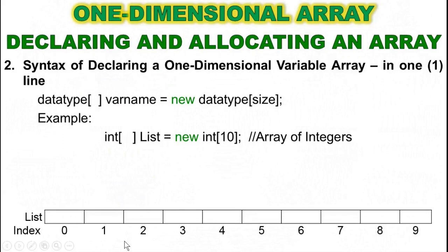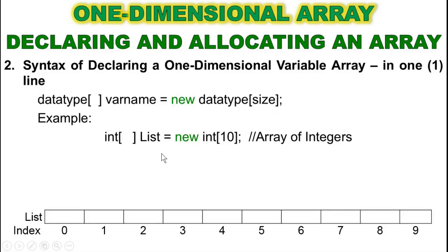Number 2. Syntax of declaring a one-dimensional variable array in one line. We can declare an array in one line. The syntax is we assign a data type followed by empty brackets, followed by the variable name, followed by the equal operator, followed by the new operator and then the assigned data type, open brackets, the given size, close brackets, and the semicolon.